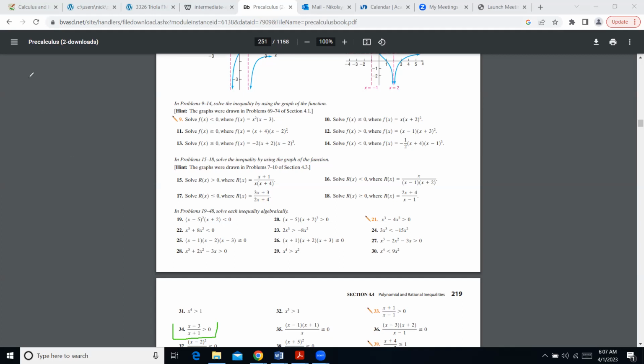So I have to, again, take a function and graph it. First of all, I'm going to just care about the graph, and then I'll decide when it is greater than 0, right? When it is above the x-axis.